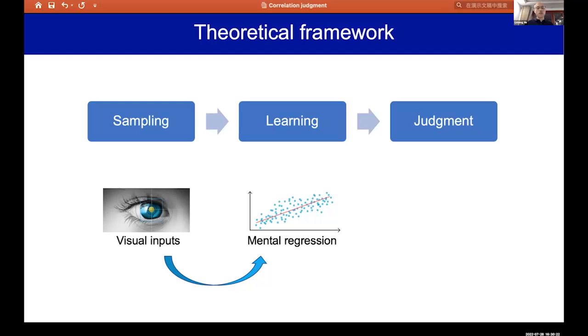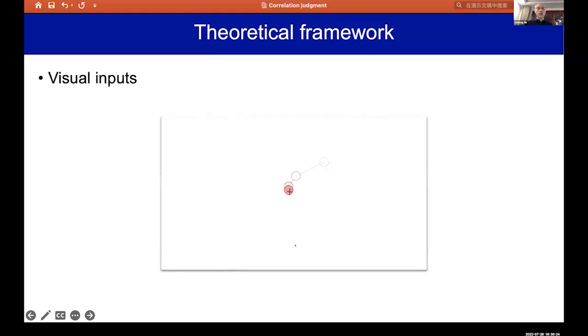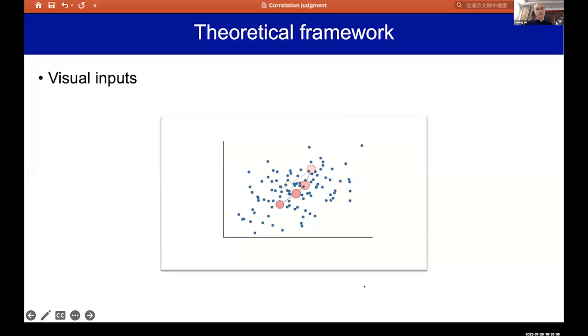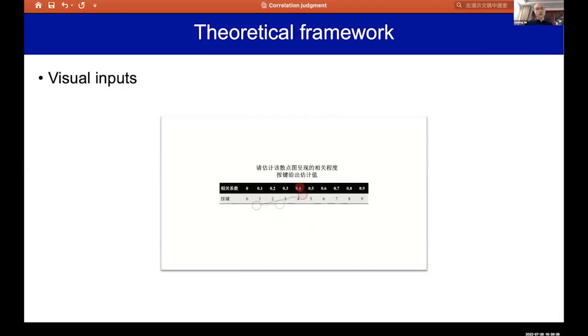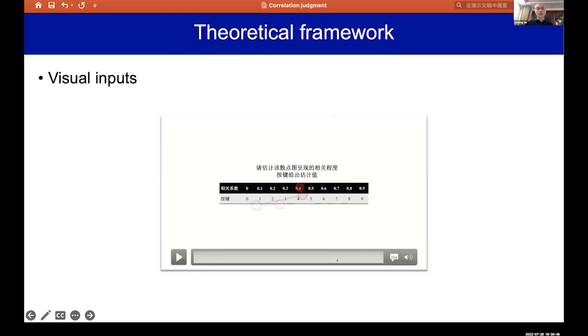Here are some more concrete examples of how we do this. Here's the visual input part. Let's take a video clip. This is a video clip about the fixation trajectories while they view the scatter plots in 3 seconds.